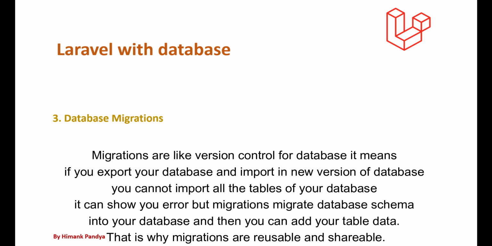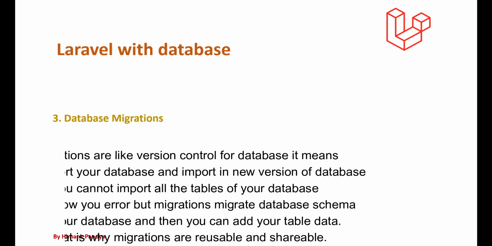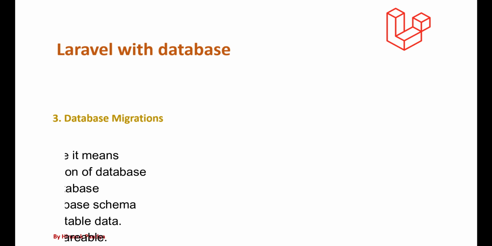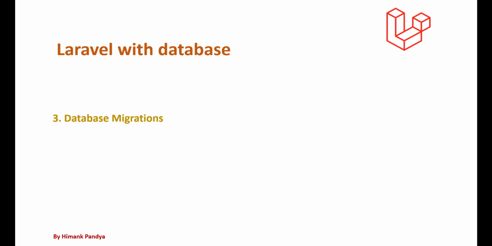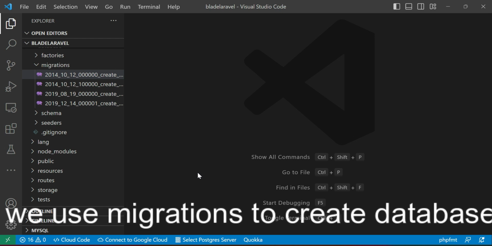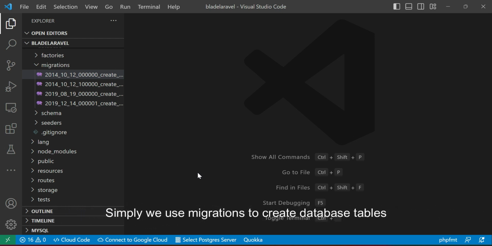It can show you error. But migrations migrate database schema into your database and then you can add your table data. That is why migrations are reusable and shareable. Simply we use migrations to create database tables.